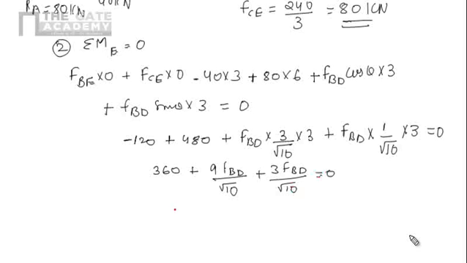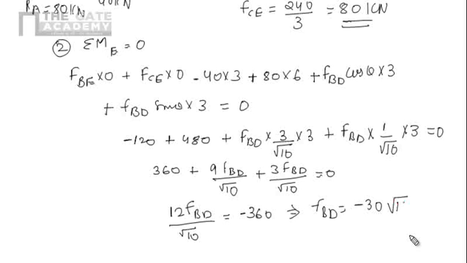So we have 12 FBD by root 10 equals minus 360. So FBD will be minus 30 into root 10 kilonewton. So this one will be the FBD.